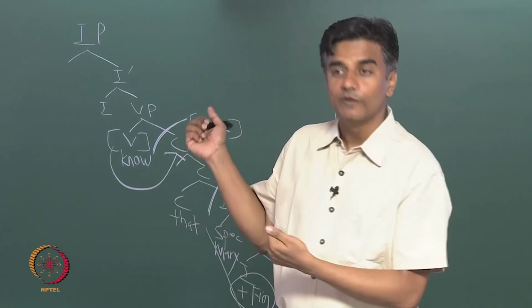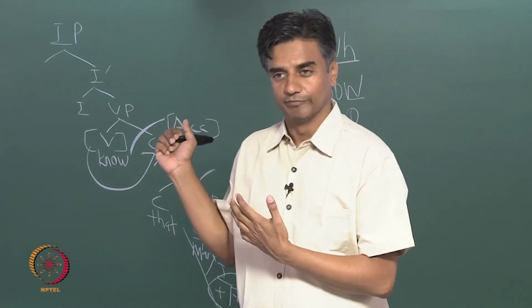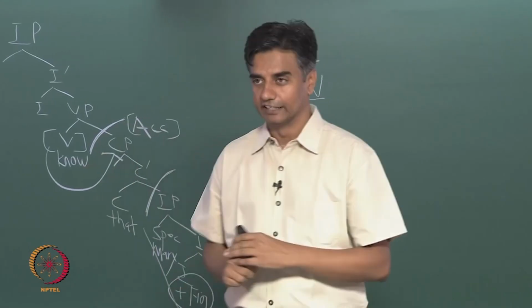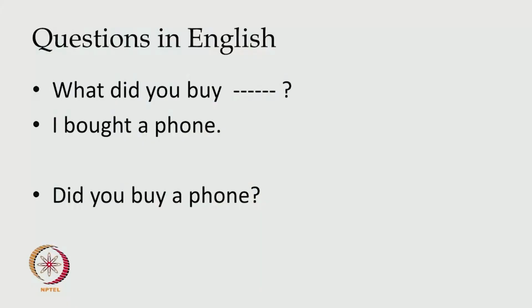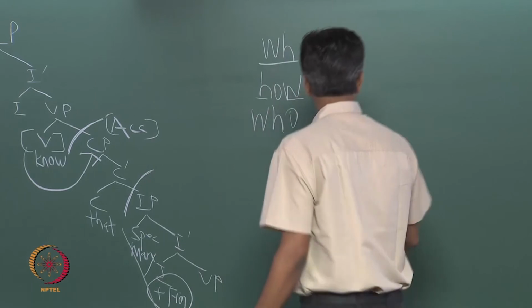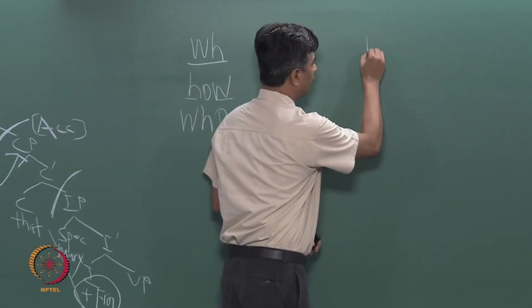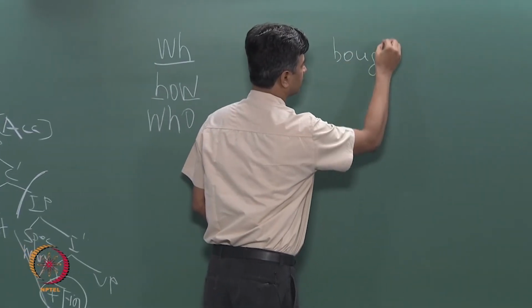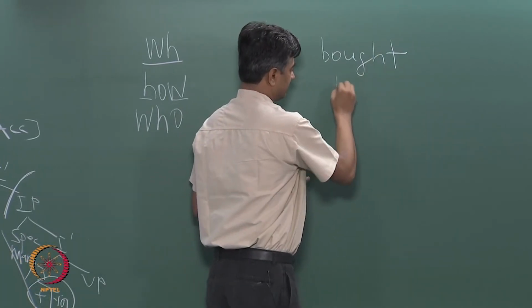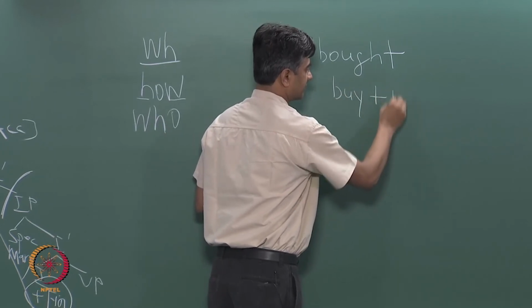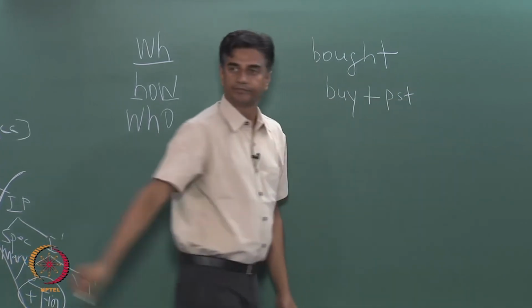I want you to see that carefully on the board. Look at the question number, look at sentence number 2. Everybody, the sentence is bought a phone. What's the tense on that sentence? Past. Right? So everybody agrees that when we say a word like bought, this is buy plus past.